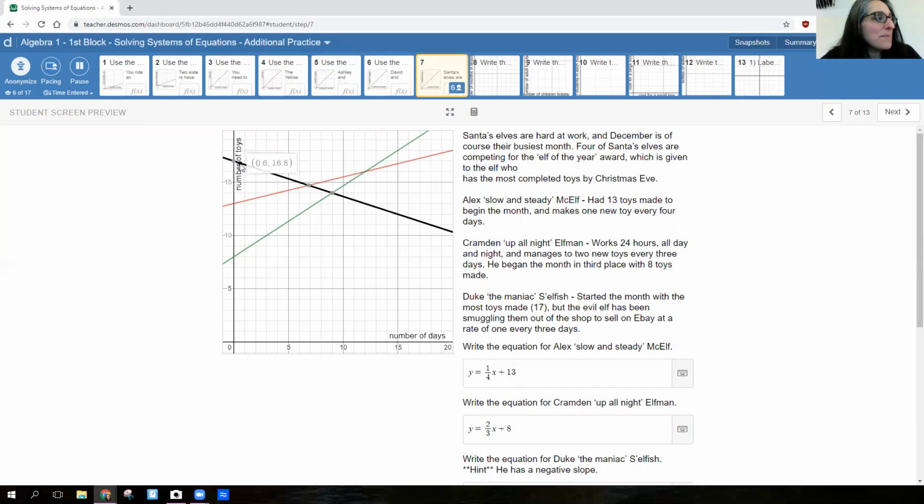He's selling them. He's giving them to eBay. So his number of toys is going down. But he's still in first place because the other guys haven't made more toys than what he's got. So when we get to this first point of intersection, that's when he and Alex have the same number of toys. So he's no longer in first place. They're tied at that point.